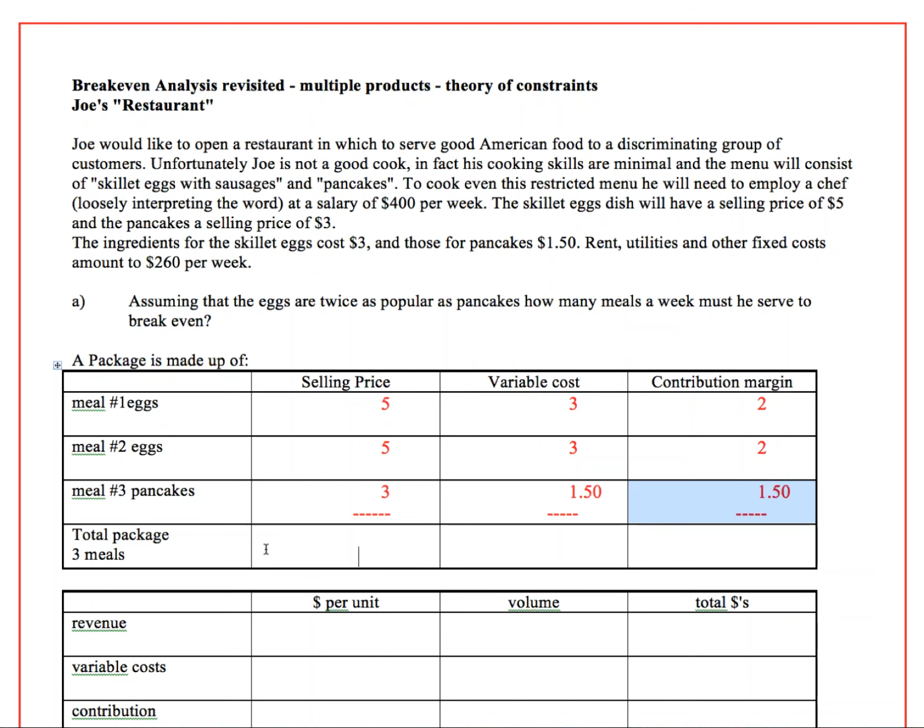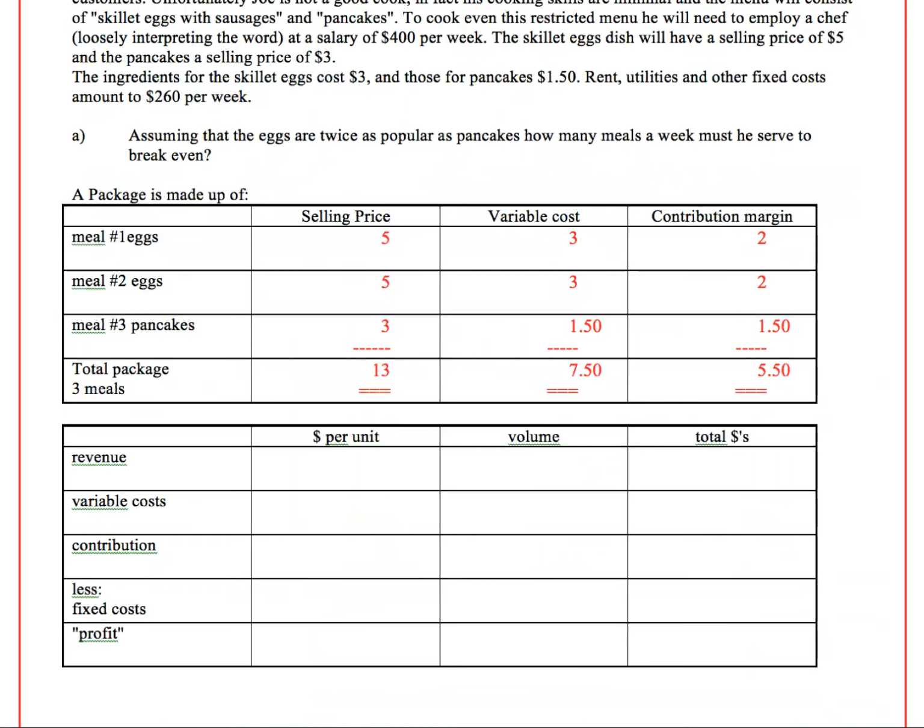And so in aggregate, for this package of 3 meals, the selling price of this package is $13, the variable costs associated with the package is $7.50, and the contribution margin is $5.50.